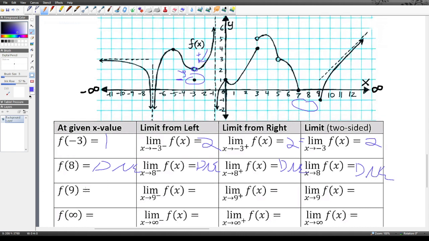This one can be evaluated. 9 will be -1, but there's no left side limit since there's no graph or function connecting them. Like I gave an example earlier, you have to have a graph like this connecting them, or they both have to be interconnected.